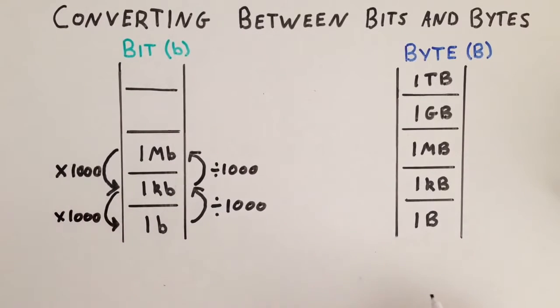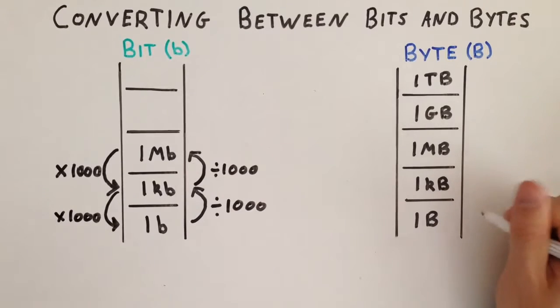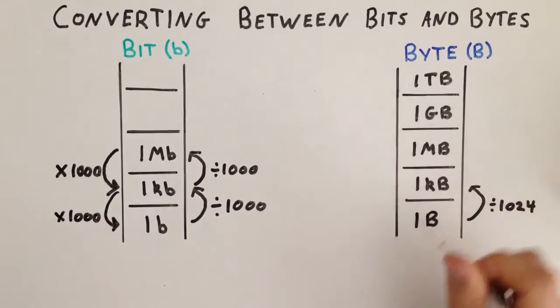The process is very similar for the byte ladder, except the magic conversion number to convert between the different levels is 1024. So if we start at the base of the byte ladder and we climb up, we need to divide by 1024 each time we go up.